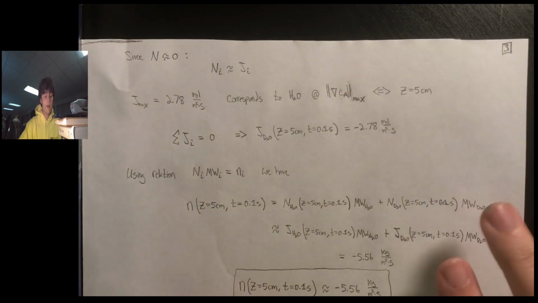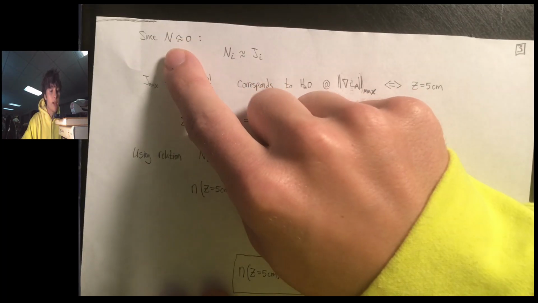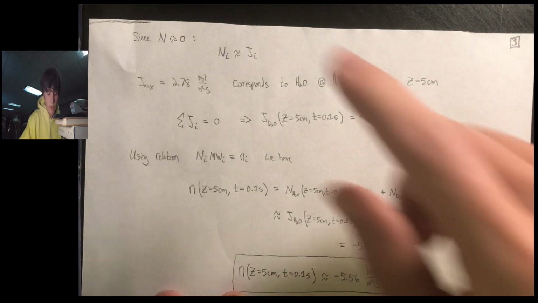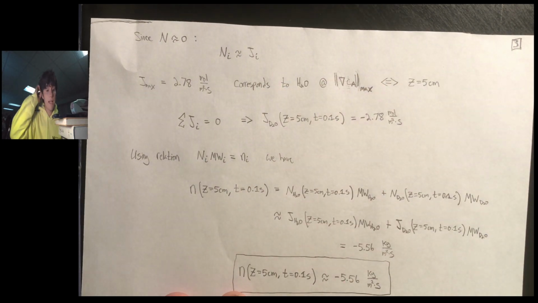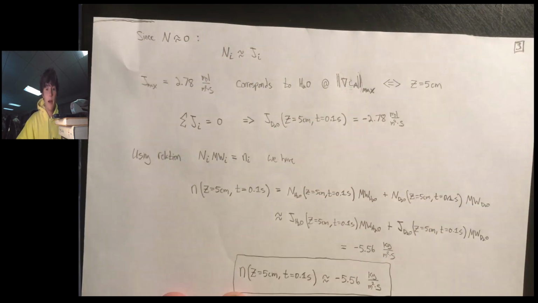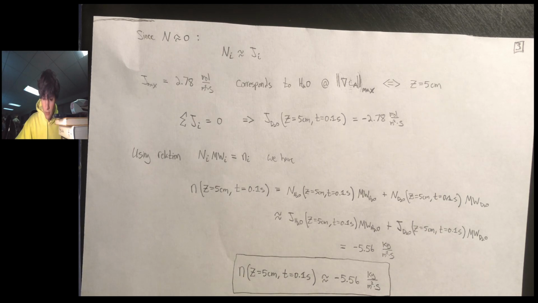So with that discussion out of the way, we can use the approximation that the total molar flux is equal to 0, and we can now solve for the overall mass flux. So what is the molar flux of an individual component?